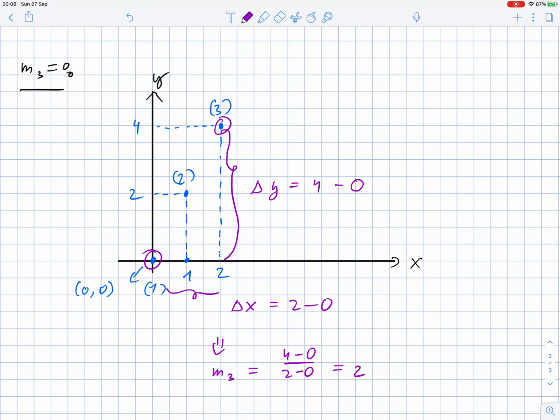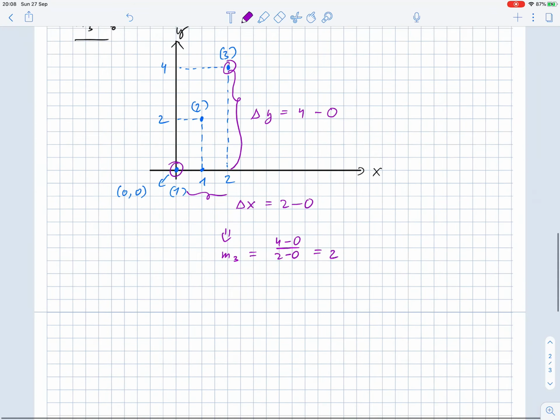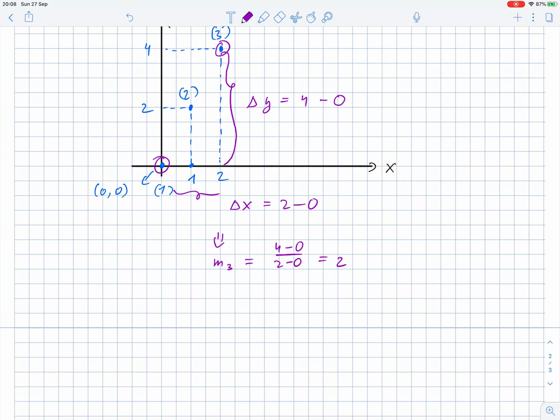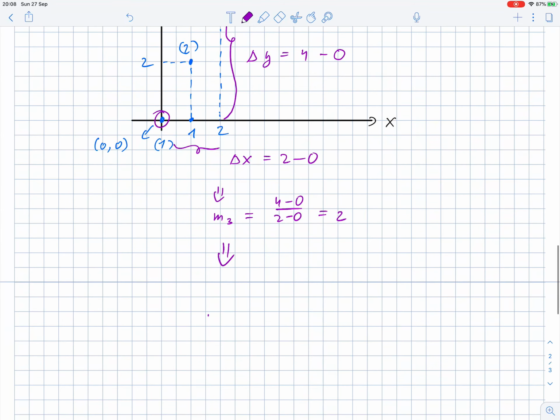Mathematicians also noticed that, and they said, wait, we know that the slope is something that is constant, and the ratio between those 2 points that we take is also constant, and therefore we have our first definition for the slope. M is actually the slope of a linear function, defined as the ratio between delta y and delta x.